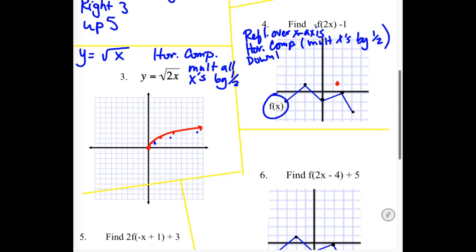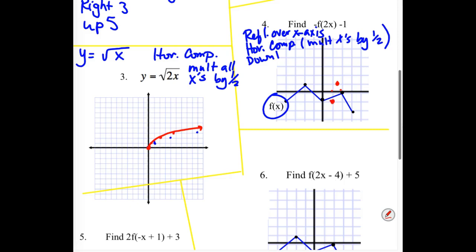Okay? Let's move to our next point. We're going to start with this one here. What happens when you reflect that over the x-axis? Nothing, right? It's on the x-axis, it doesn't move. Compressing it to half its size. Right now its x-coordinate is 2. I'm going to move it to 1. So I'm going to be here. And then I have to move down 1.